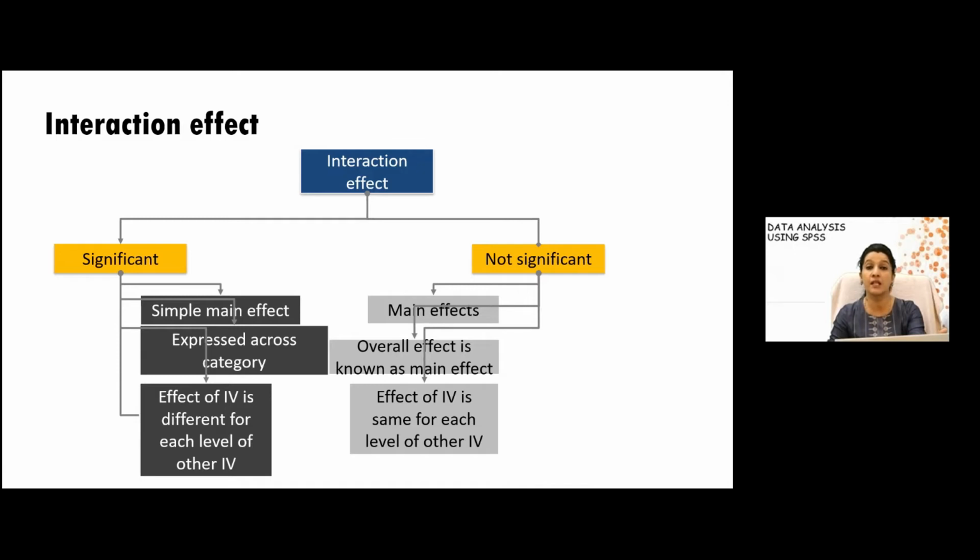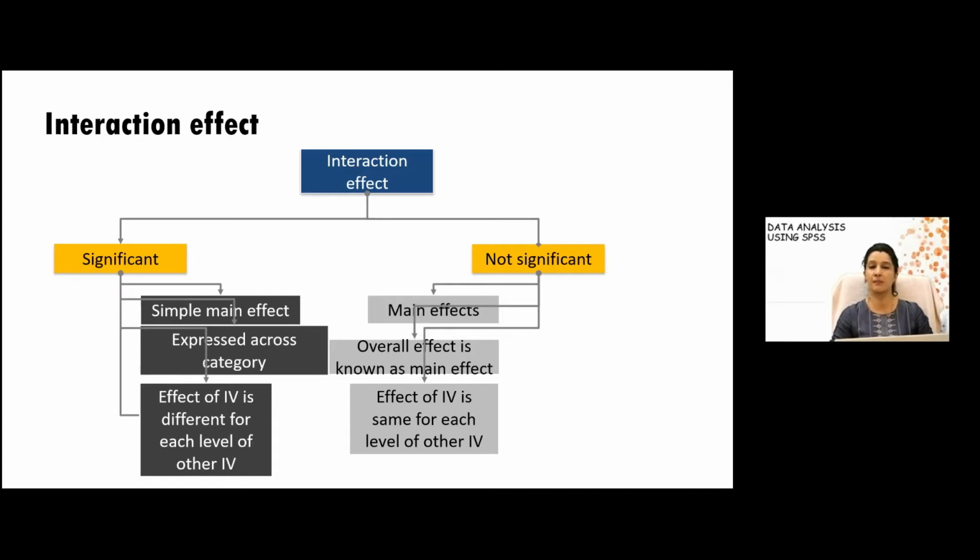Like you have seen in case scenario 2 in the beginning, where I discussed gender and obesity. In the second case, you saw that because of gender, the pattern of cholesterol across the various obesity levels was not affected. So that was the main effect. But when it is getting affected, then we call it a simple main effect.